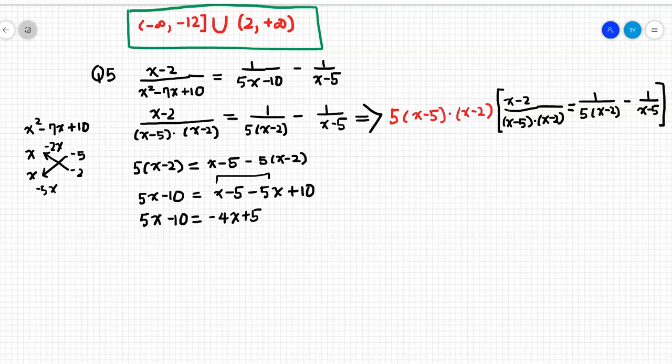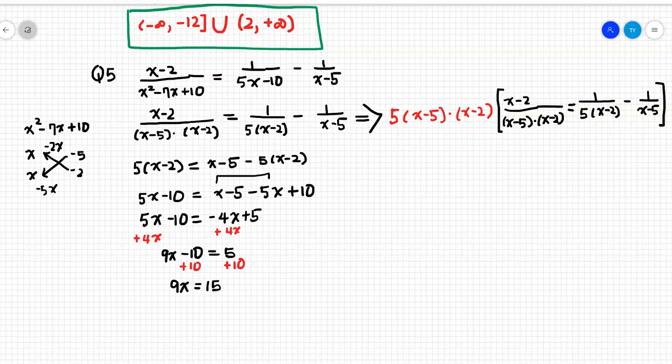We're going to add 4x on both sides here so we can isolate the x. Okay. So then on the left-hand side, I have 9x - 10 equals 5. And then we're going to add 10 on both sides. So we have 9x on the left, then 15 on the right.